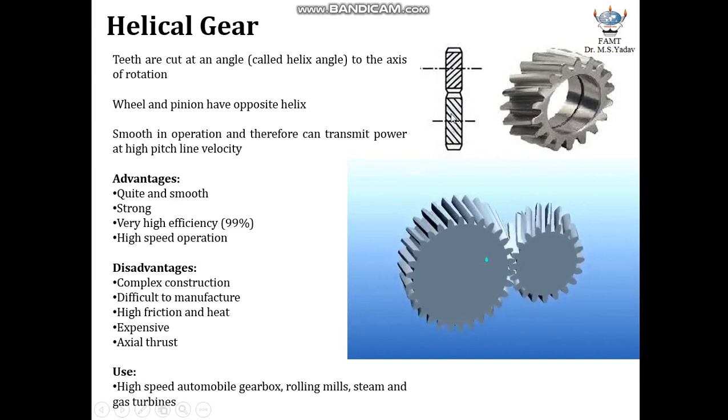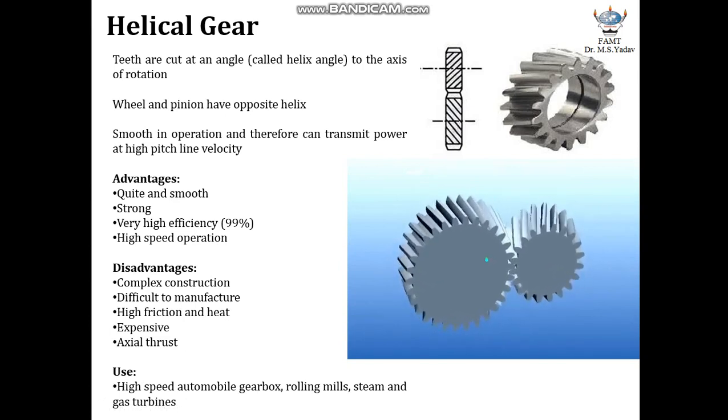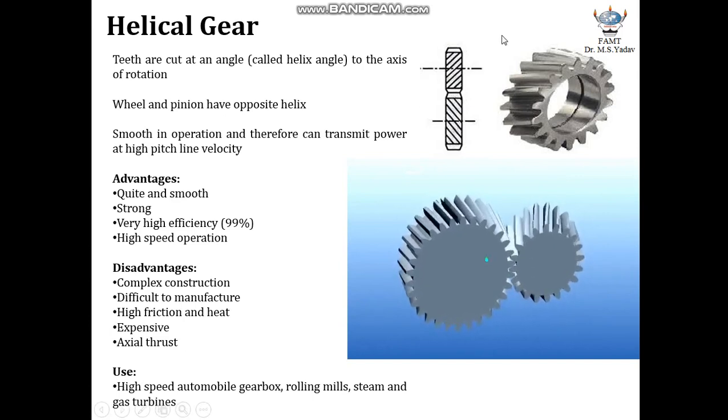These are the axis of rotation and these are the teeth cut at an angle. The teeth which are pointing towards right hand side have right hand helix and the ones pointing towards left hand side have left hand helix. Both meshing gears have opposite helix.